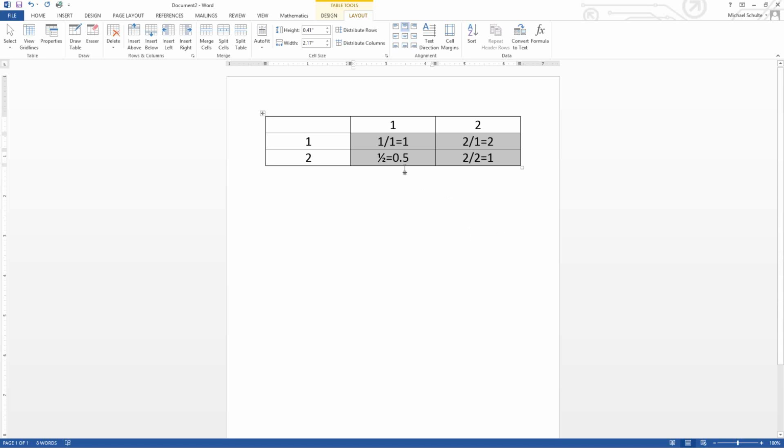If we have a 1-by-1 table, these all go away. Oh, I had it the other way around, x and y. So we just say x divided by y equals 0.5.